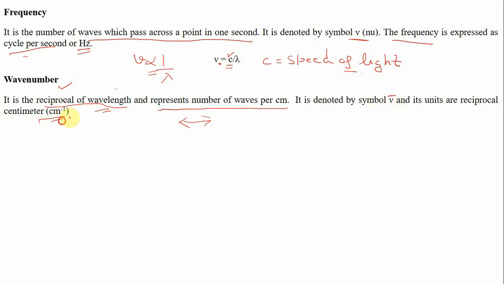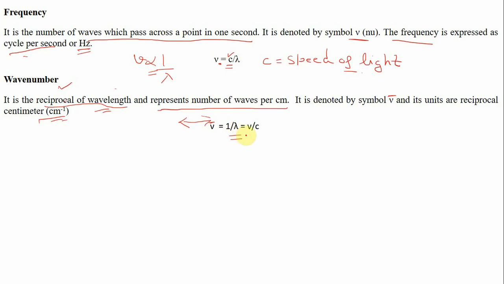Its units are centimeter inverse. As I already told you, this wave number, nu bar, is the reciprocal of wavelength. So nu bar is equal to 1 over lambda.